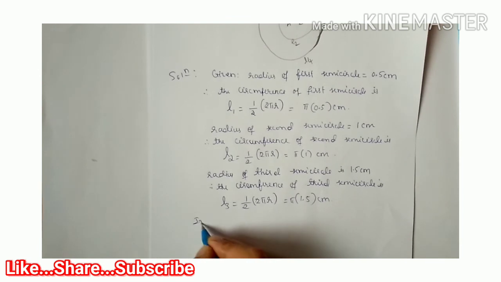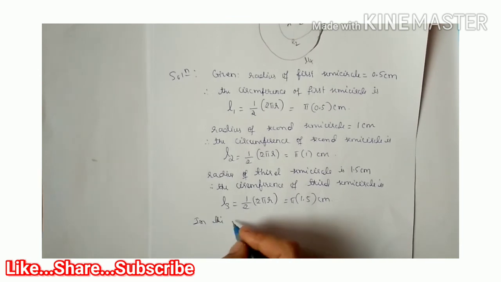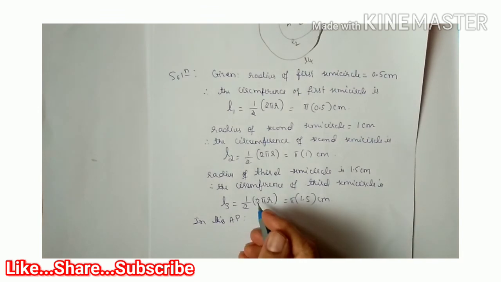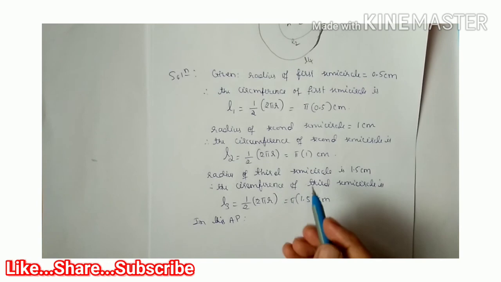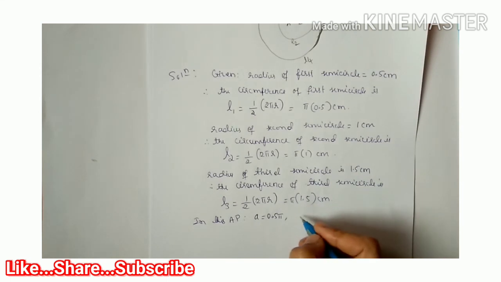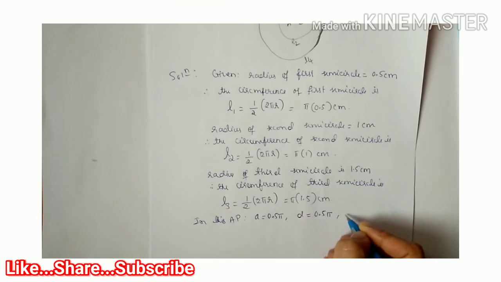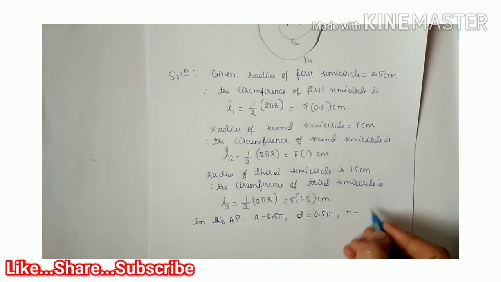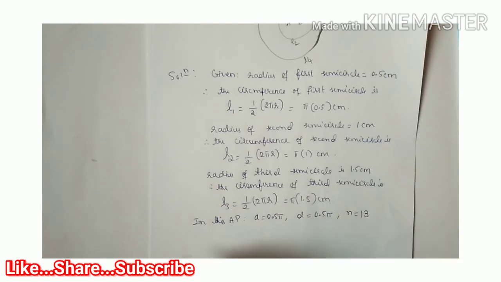In this AP, first term is 0.5 pi, common difference also 0.5 pi, n is 13 consecutive semicircles, therefore 13.